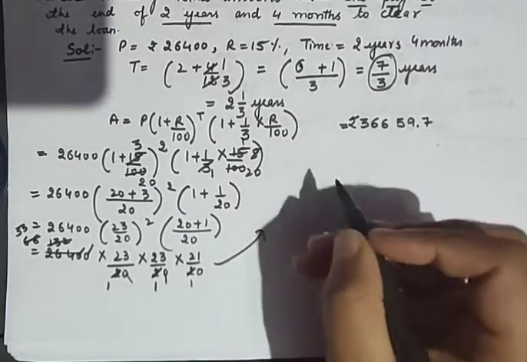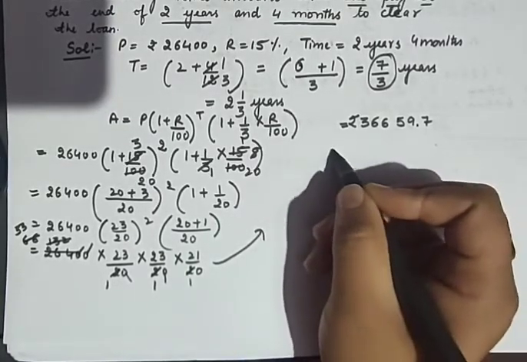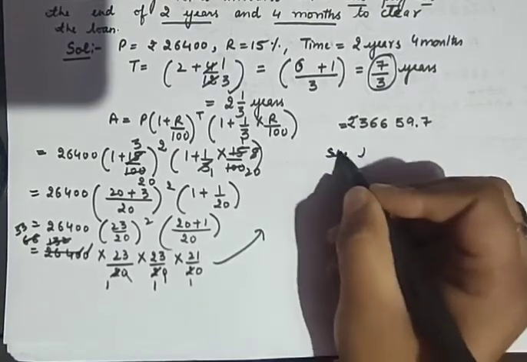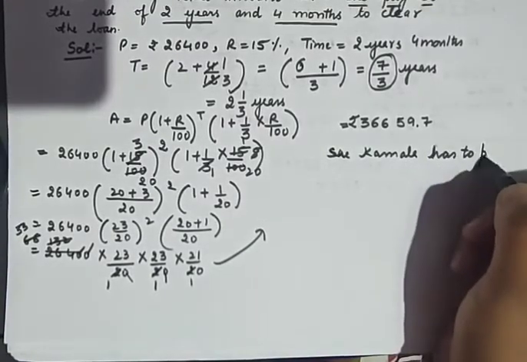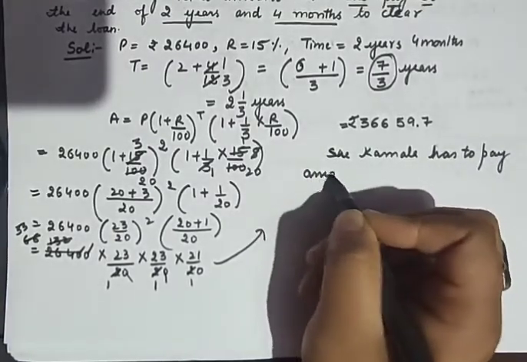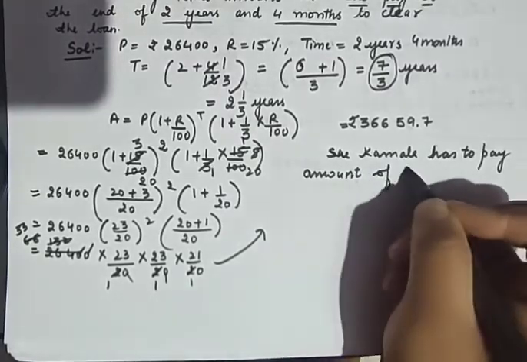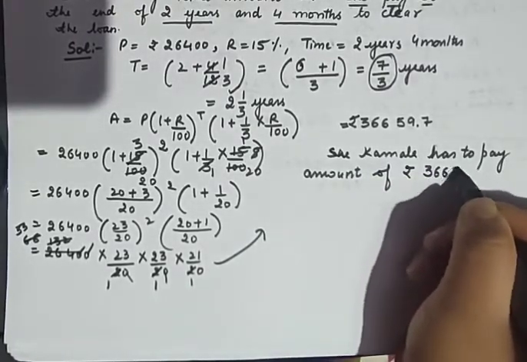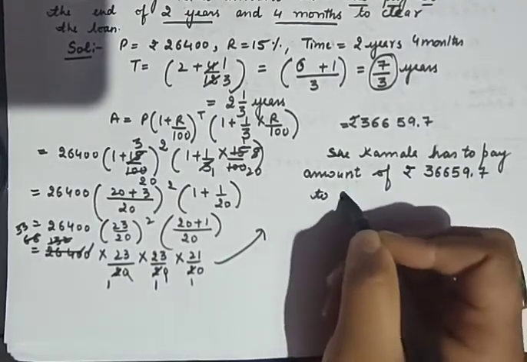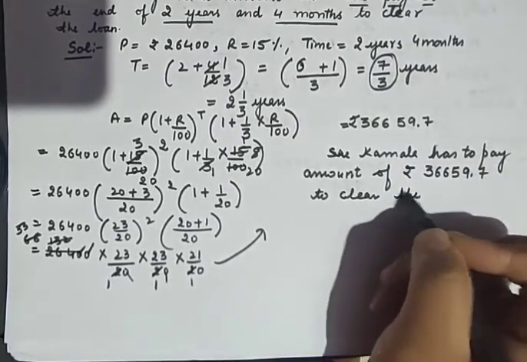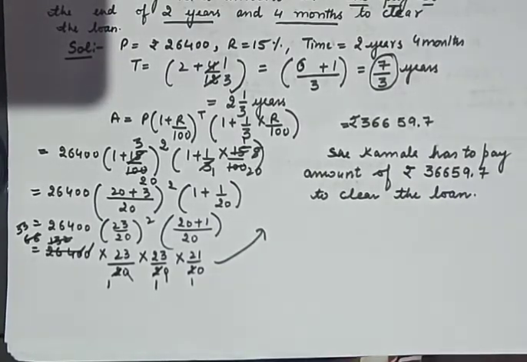Now I have got my amount, so you can write it down here: Kamla has to pay an amount of rupees 36,659.7 to clear the loan. So students, I hope it is clear to you, beta.